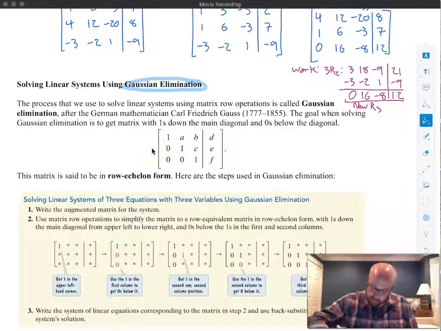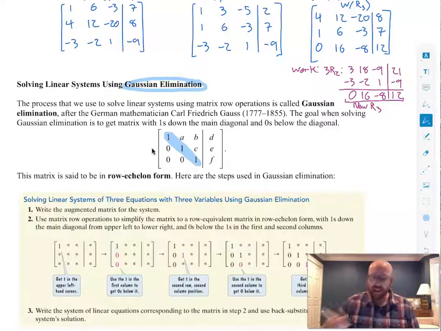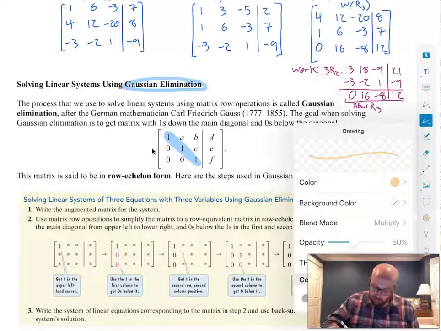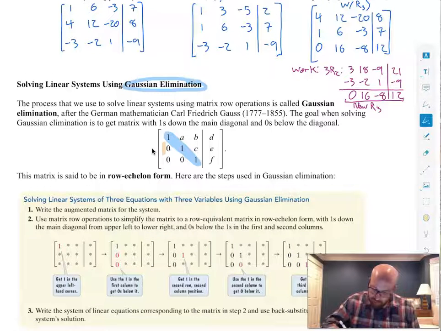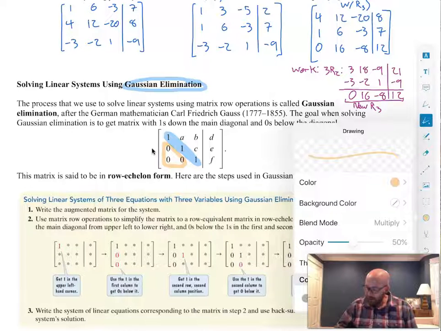We want ones down the main diagonal. So when you think about this diagonal, you want everything in the diagonal to be 1. And we want zeros below the diagonal. So everything below the diagonal needs to be 0. Now when we get here, we're going to be amending some values.